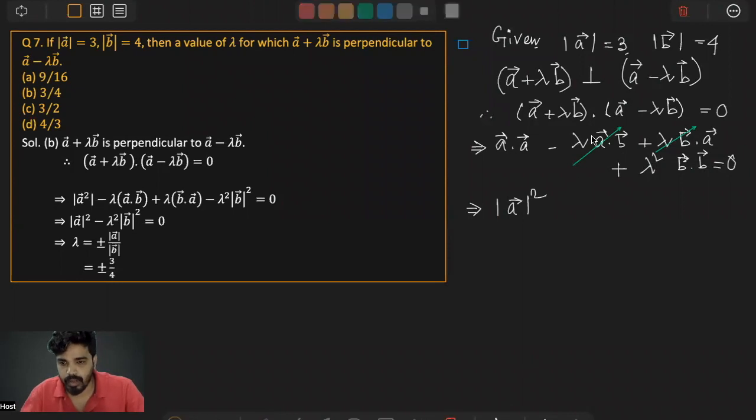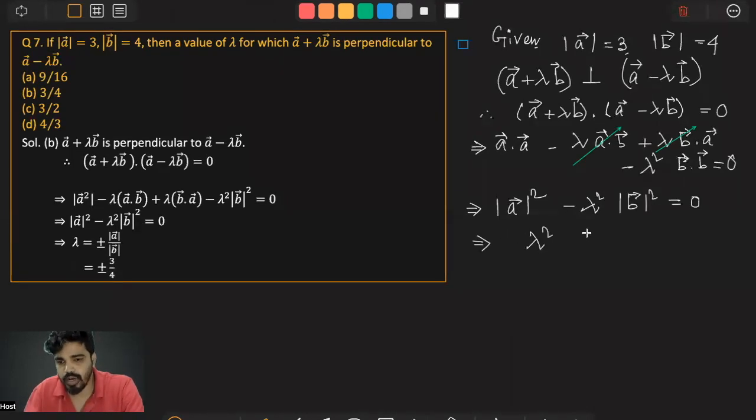So minus lambda square B dot B, that is modulus B square, is equal to 0. So we have to find the value of lambda.